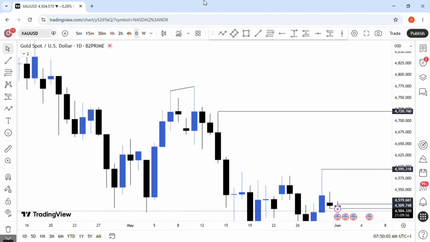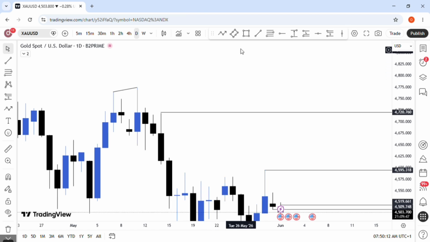Do you understand? Okay, the first one is daily high and daily low. The second one is equal highs and equal lows.